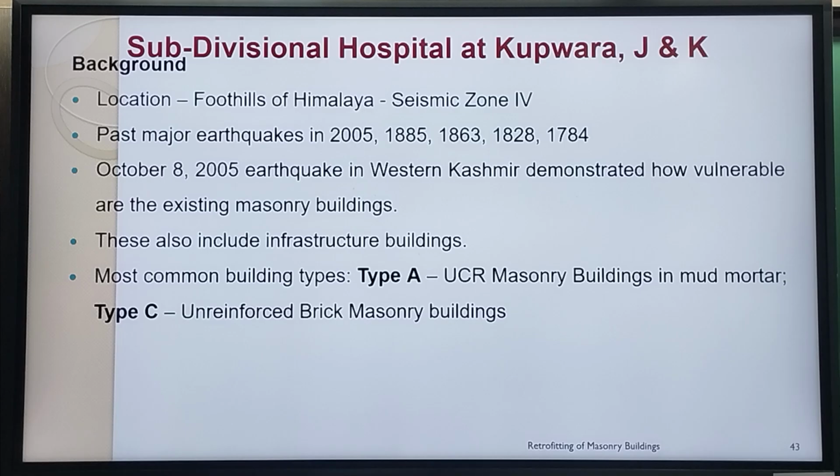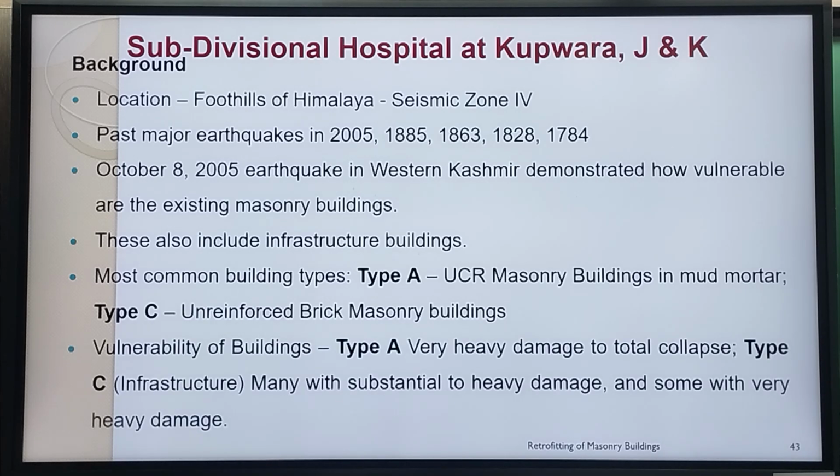Then the most common building types, type A, we talked about it yesterday, uncoursed random masonry buildings in mud mortar. These are the most common types, and type C is unreinforced brick masonry buildings, which are typically the infrastructure buildings, like hospitals and schools many.